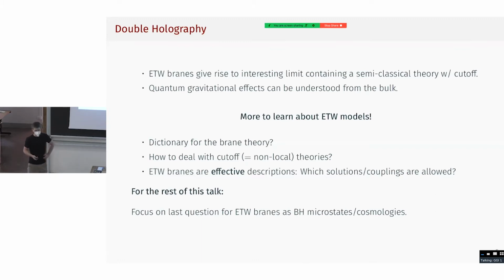But in the spirit of effective field theory, what we should really be doing is allowing for more general couplings on this brane. And that opens up the question: what couplings or which solutions are actually allowed from a UV point of view? So for the rest of this talk, I will focus on this question in a very simple setup and give a proof of concept that we can use quantum information theoretic arguments to bound additional couplings on those branes.